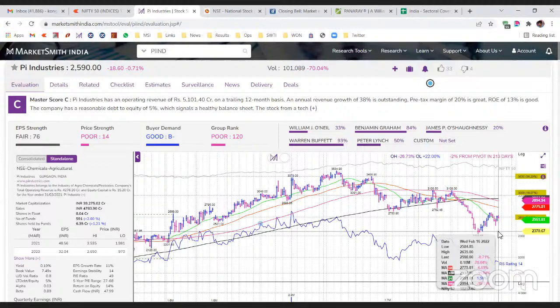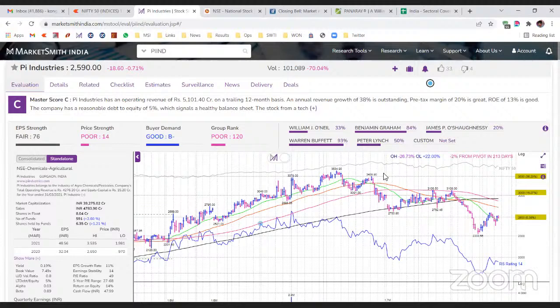It is trading slightly above its 21 DMA, which is a short-term moving average. Being an underperforming stock, its RS is at 14. Fundamentally, there is no doubt about the stock. EPS is at 76, and institutions have put support for this stock.